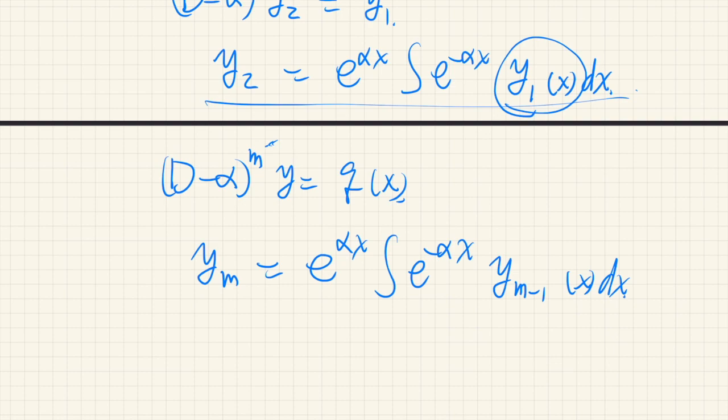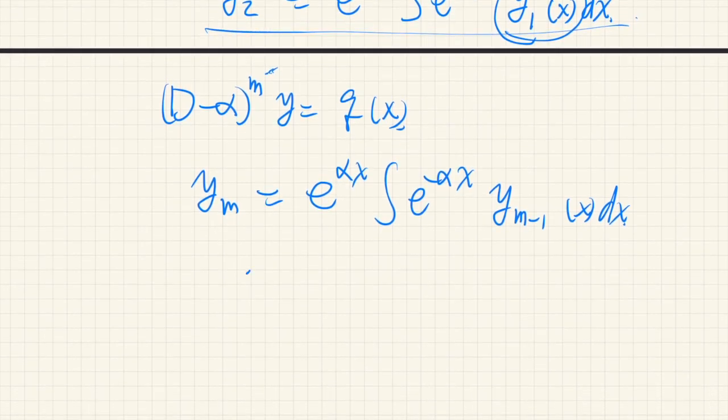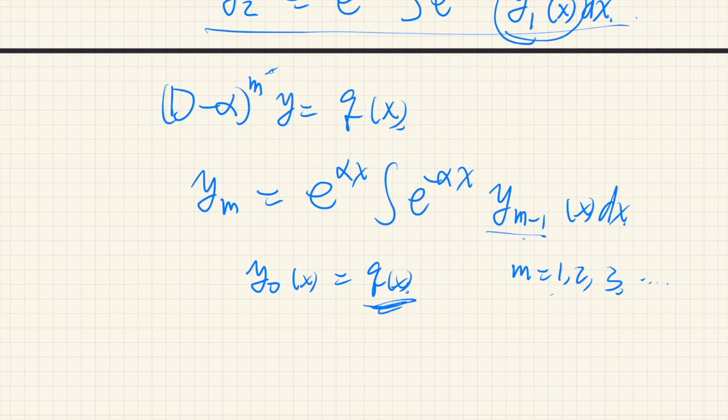And for convenience, we may set y0 of x equal to q of x. Then this m can be for m equal to 1, 2, 3, and so on. And when m is equal to 1, this is y0, which is equal to q of x. So this is an inductive way to solve this differential equation.